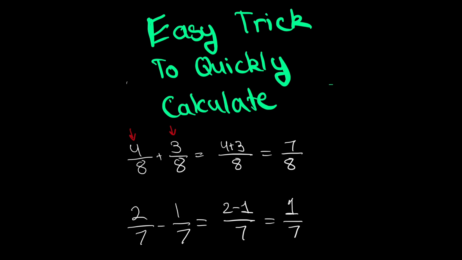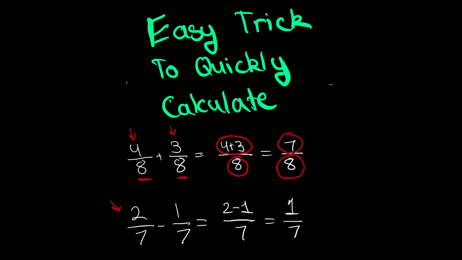Well, since we already keep the denominator the same, the denominator is obviously going to be 8, since it's 8 in both of these. But what we're going to do is add the 2 fractions' numerators together. And what's 4 plus 3? 4 plus 3 is 7. So this entire result of the fraction addition would be 7/8.